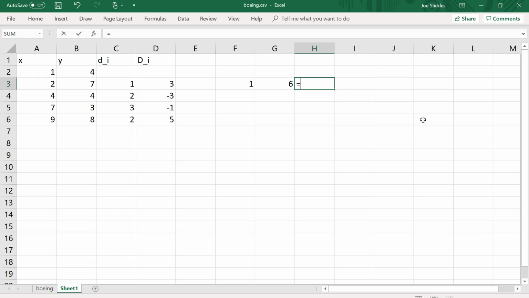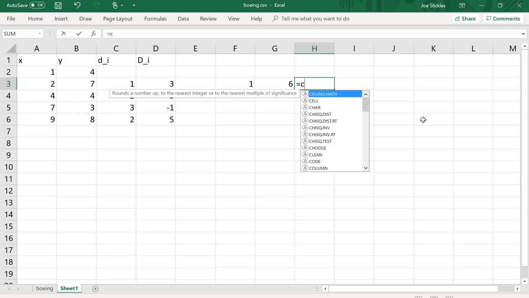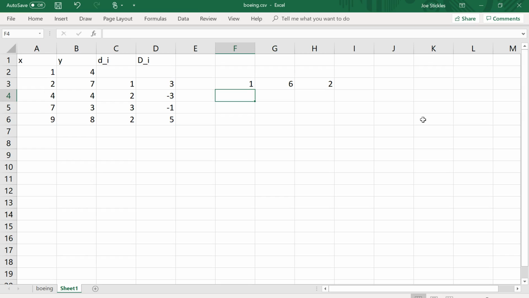And then equals C4. That's the delta 2. And then I just literally need to copy this down. Just need to take that and copy it down because it'll be in the right cells. All right? Do you agree with that?